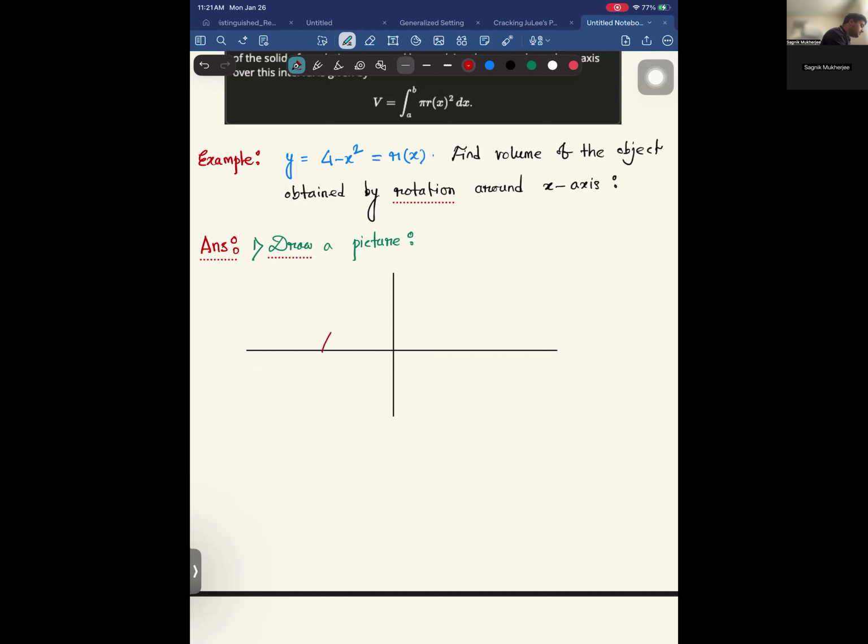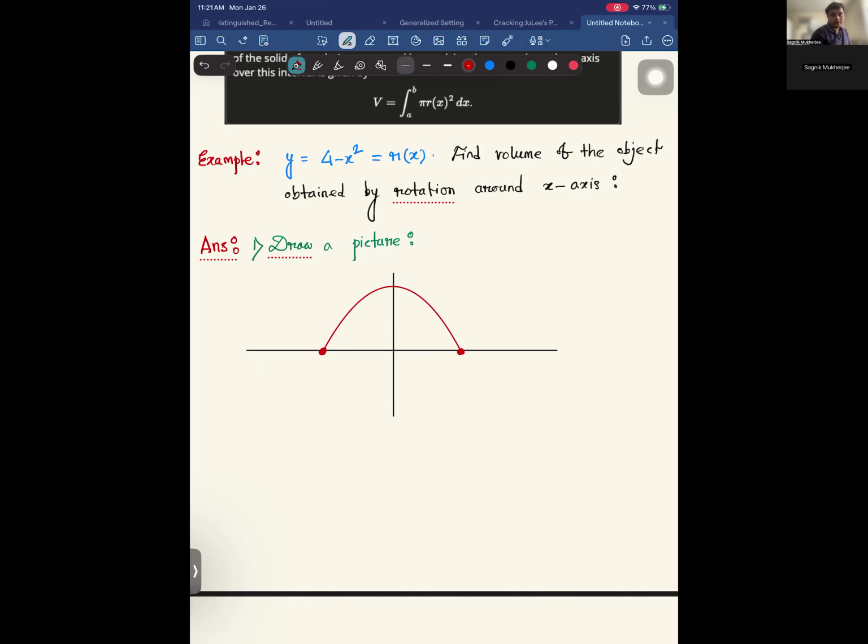Notice that I haven't said what interval I'm going to use. Whenever that is the case, always remember that the interval would be between those two points where the graph cuts the x-axis. Meaning you have to find what these two points are.